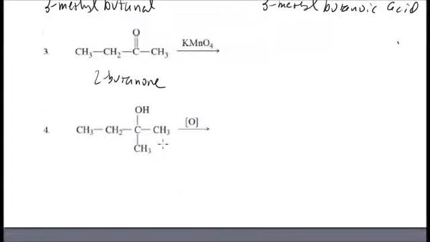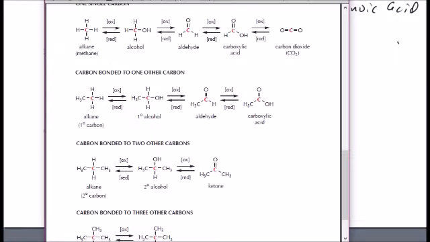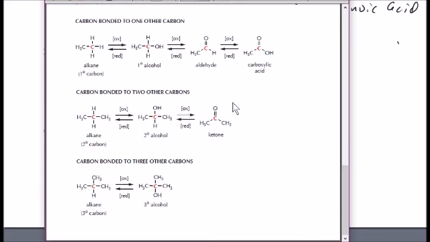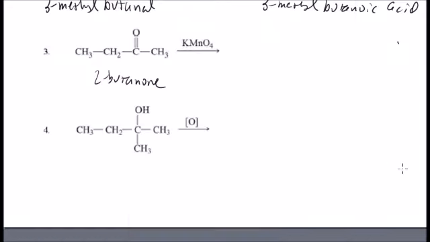Now, what happens if the ketone is further oxidized? So let's take a look at our cheat sheet. All right, we have a ketone. There we go, ketone. Can it be further oxidized? No, it can't. So, no reaction.